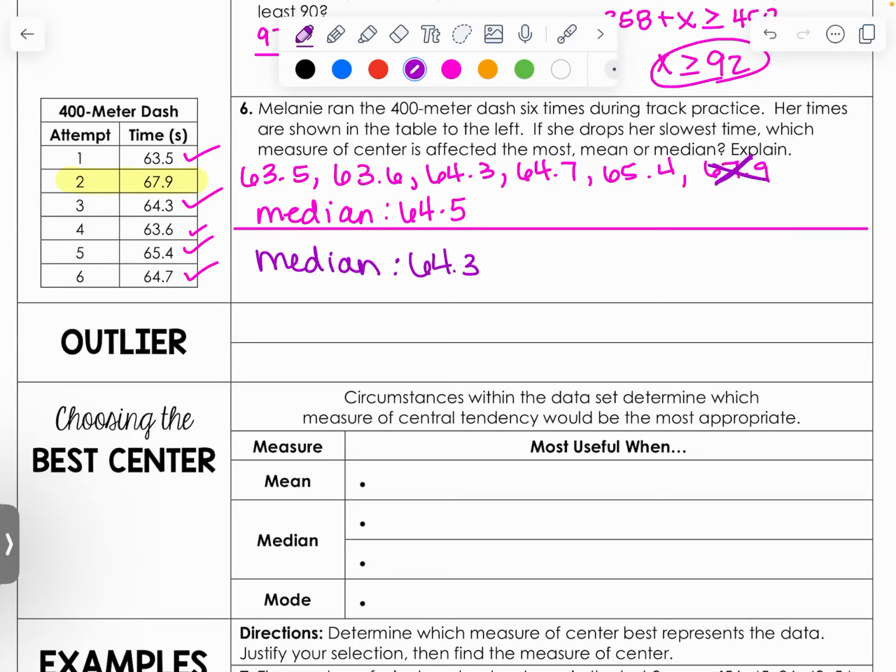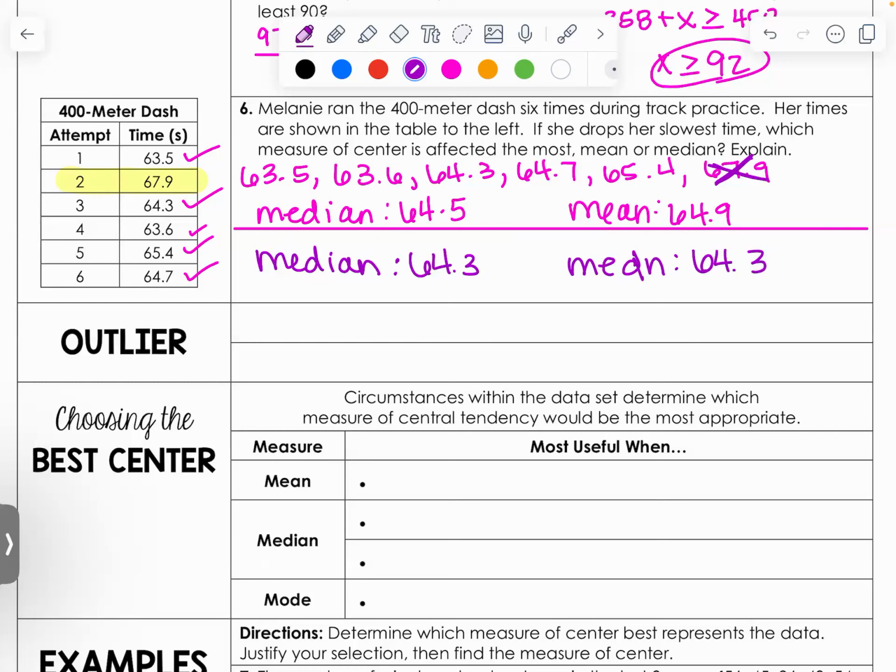Okay. Now, if we actually find the average, our mean up here, I'll just tell you to save some time, is 64.9. But if we drop the slowest, our mean is 64.3.